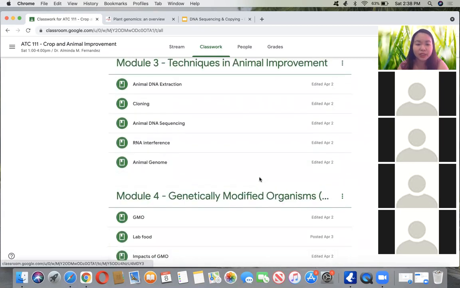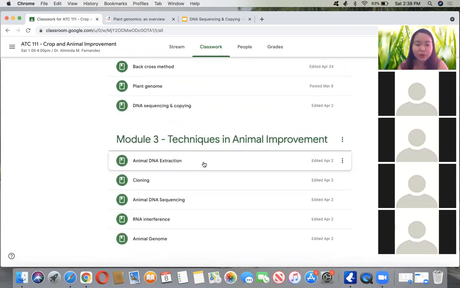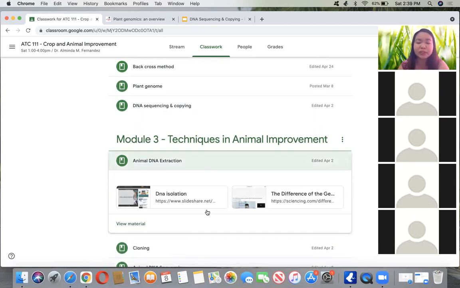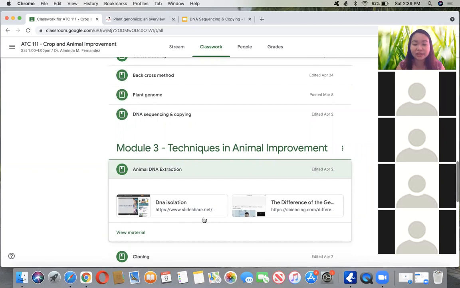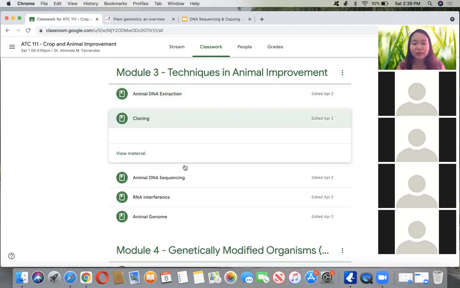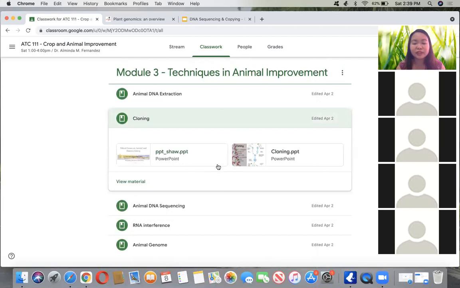So in the next topic we're going to discuss first how they extract DNA in animals, because it's also different although the process is the same, and you can see here the different cloning done, mostly because for plants, cloning is just common.